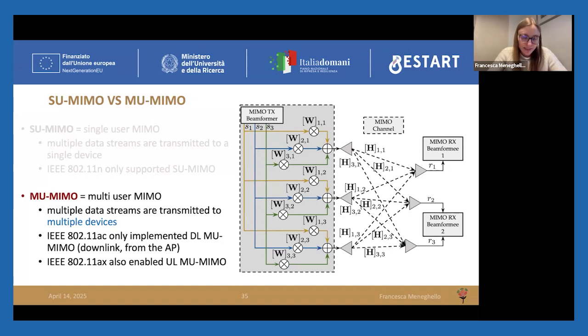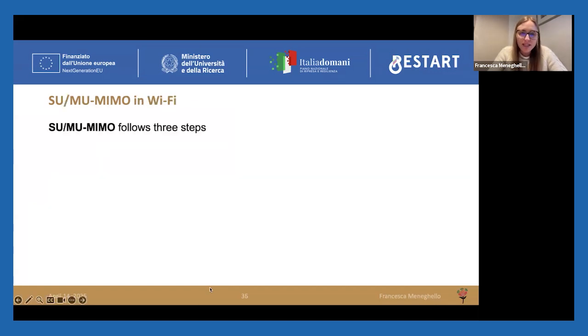So in the next slides, we will focus on downlink multi-user MIMO and single user MIMO, because the uplink multi-user MIMO is implemented a bit differently, but it is derived from the downlink multi-user MIMO.